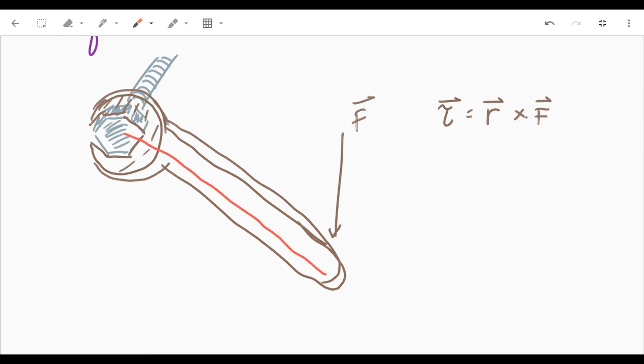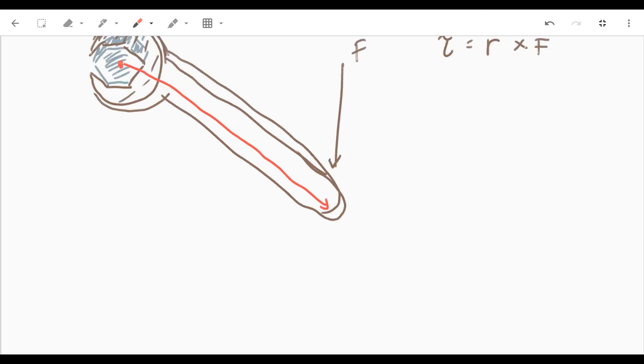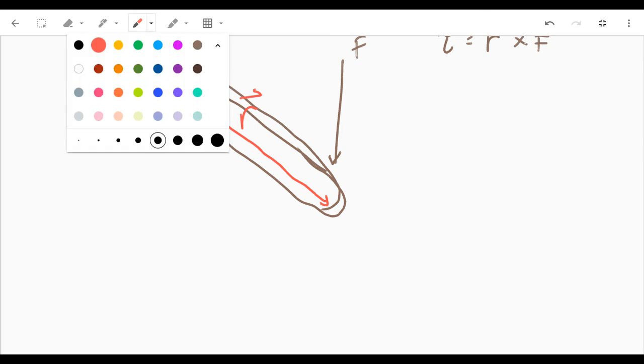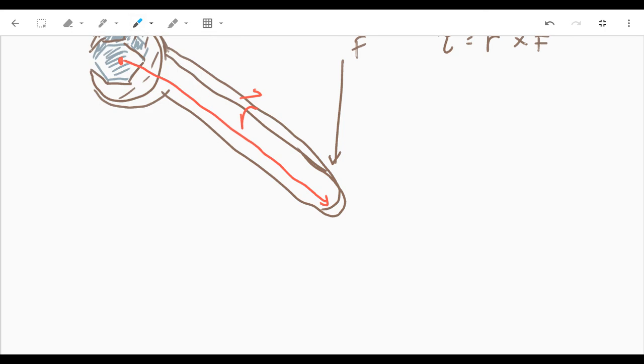It basically goes from the center of your rotation to where your force is being applied. So there would be R. And then your force vector, I'm just going to put the initial end where the position terminates. Okay, and there's your force vector.